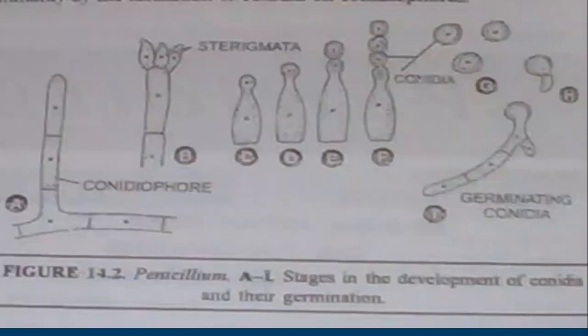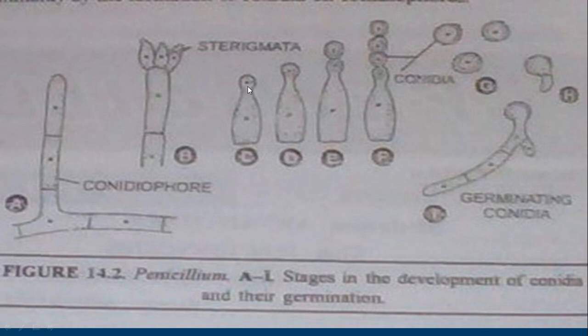Now the diagrammatic representation, that is the stages in the development of conidia, is shown in this picture that I have taken from your book. This is a vertically upright grown septate hypha, which is now called a conidiophore because it is going to bear conidia. In monoverticillate, directly these flask-shaped bodies are present. Whatever be the case, whether it is monoverticillate or biverticillate, the formation of conidia is the same. These flask-shaped bodies, the stigmata, are uninucleate.